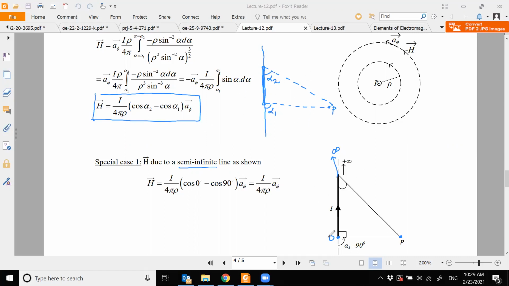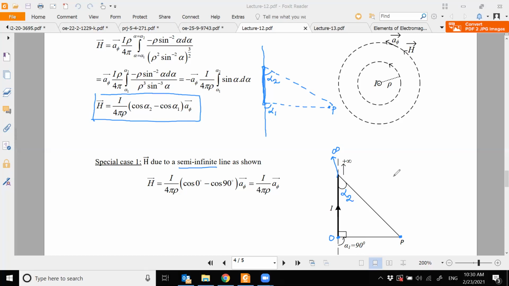Now let's apply the same thing here. If this is my observation point P, what will be alpha 1? Alpha 1 will take 90 degrees. And what will happen to alpha 2 if you hold this edge of the line and pull it further?